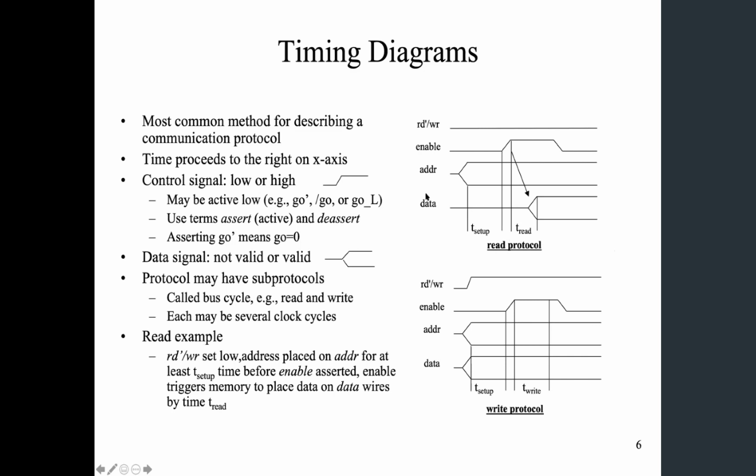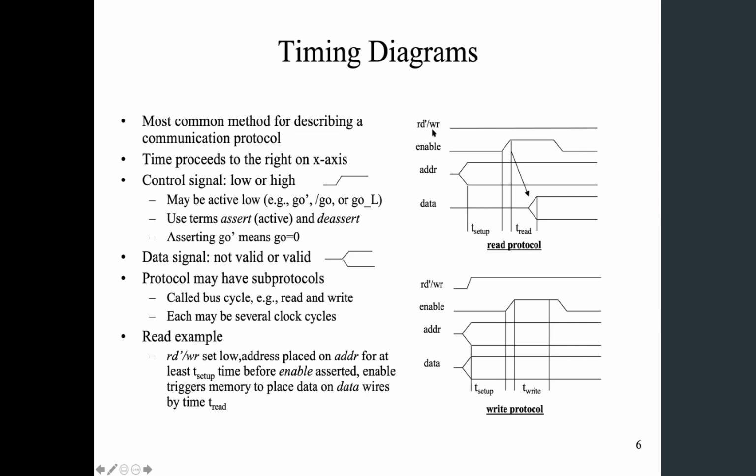And you find different signals. Some of them are control signals, and some of them are address or data signals. In this example, you see here we have two control signals. This is read-write control, and this is enable.